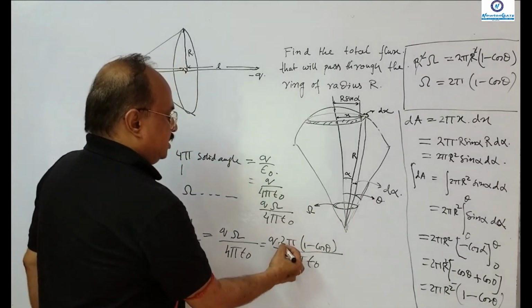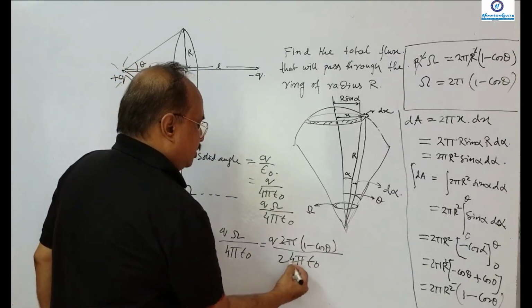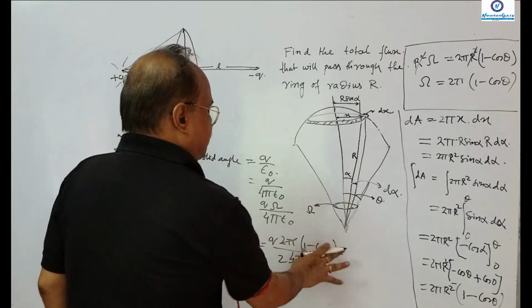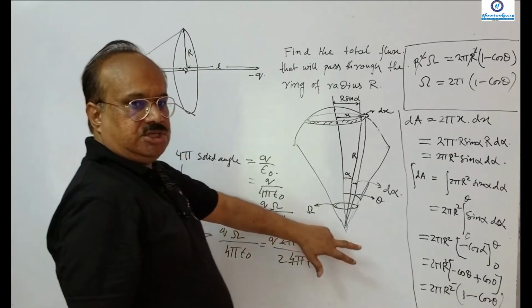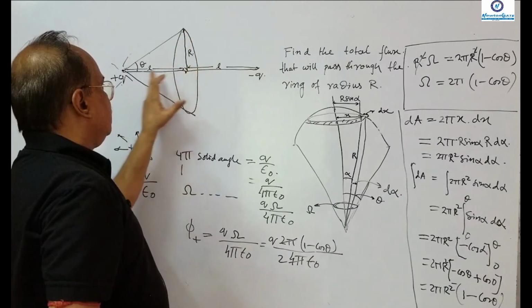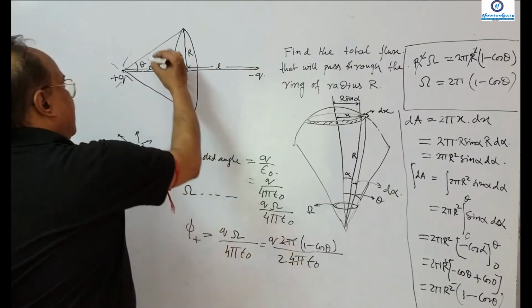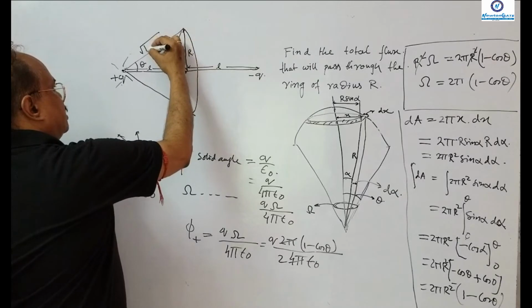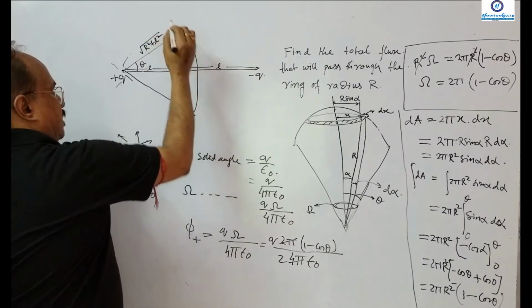Now the 2 pi and 2 pi cancel, only 2 is left. Let cos theta stay as it is for now, then I can easily calculate cos theta, because this is R, this is taken as L, so the hypotenuse is root over R square plus L square.